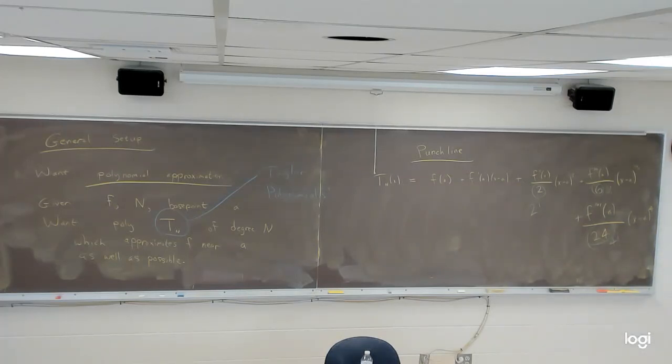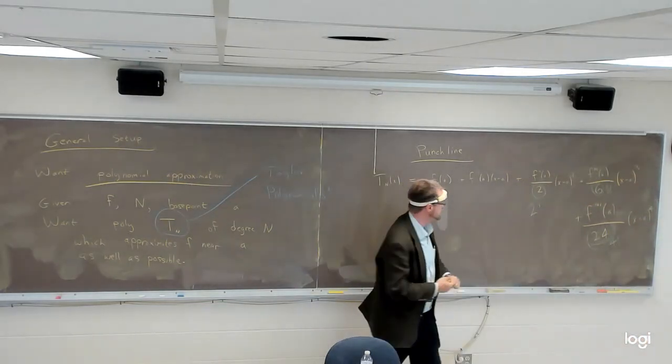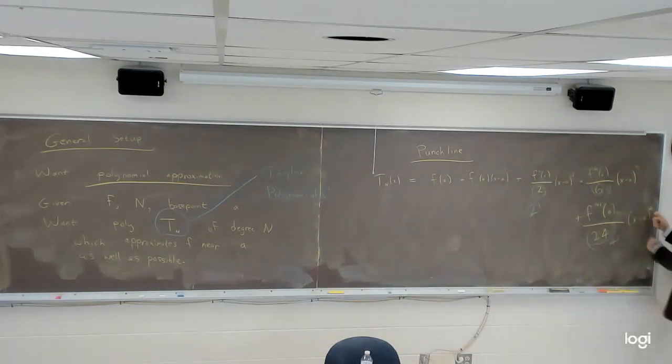Factorial means multiply everything up to that number. 1 times 2 times 3 times 4. And the reason is, if I say differentiate this term 4 times, the power rule brings down a 4 and then a 3 and then a 2 and then a 1. Cancels this out, and I get the right fourth derivative.